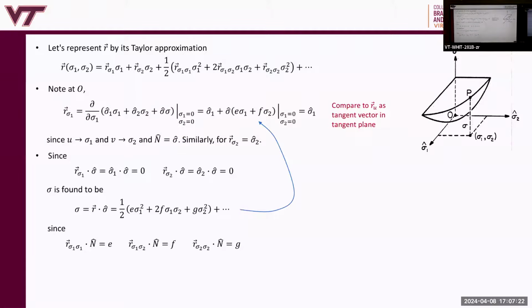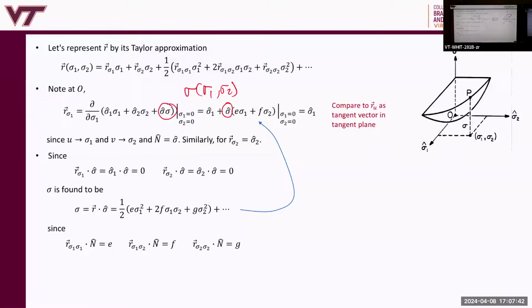If you differentiate this with respect to sigma 1, then you just get sigma 1 hat. If you differentiate this with respect to sigma 1, you get 0 because there's no sigma 1, and it's constant with respect to sigma 1. If you differentiate this with respect to sigma 1, you get sigma multiplied. And remember, sigma is a function of sigma 1 and sigma 2.